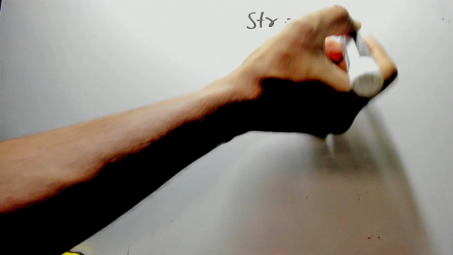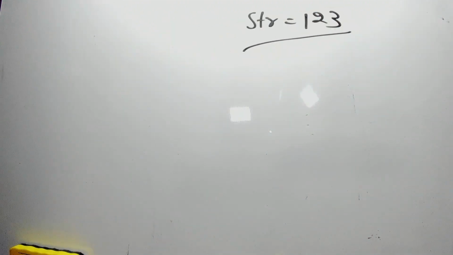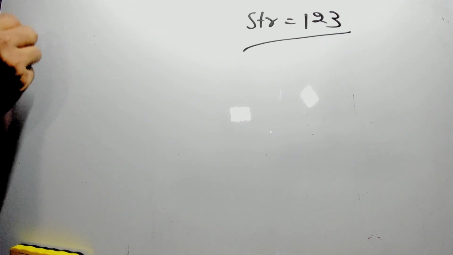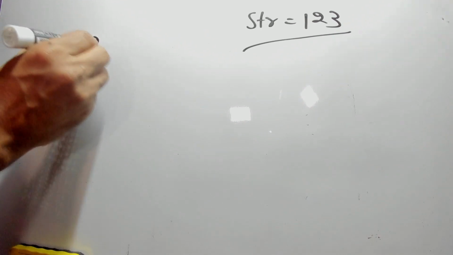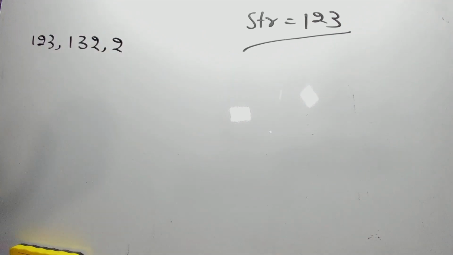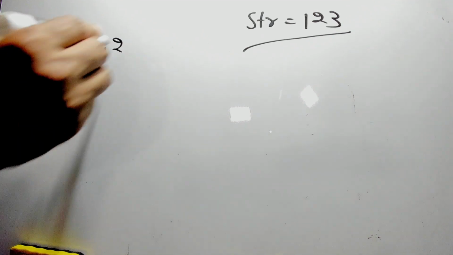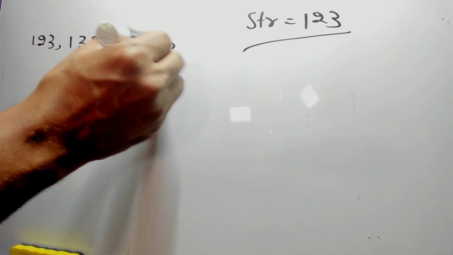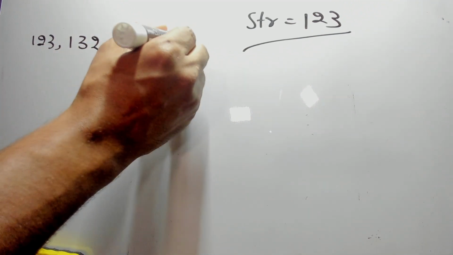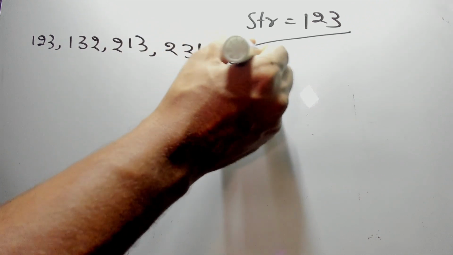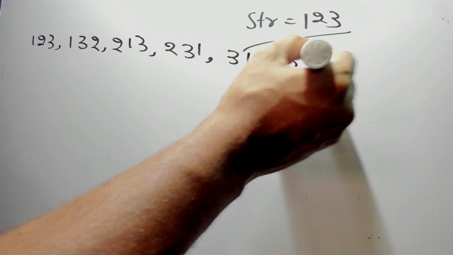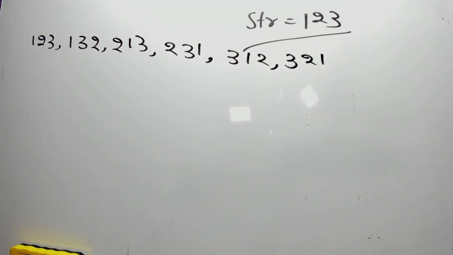Now we have to find different permutations of this string. The different permutations will be 1, 2, 3; 1, 3, 2; 2, 1, 3; 2, 3, 1; then 3, 1, 2; 3, 2, 1. Okay, these are the permutations.